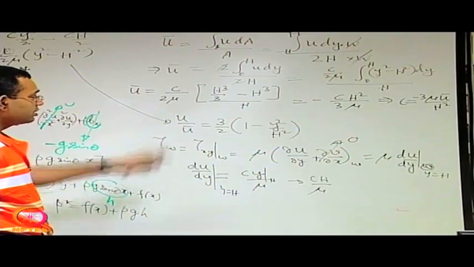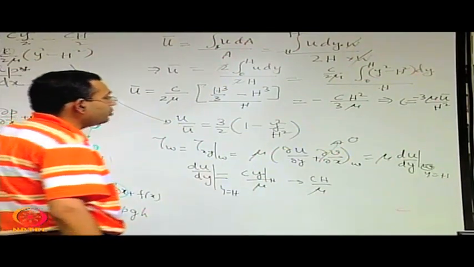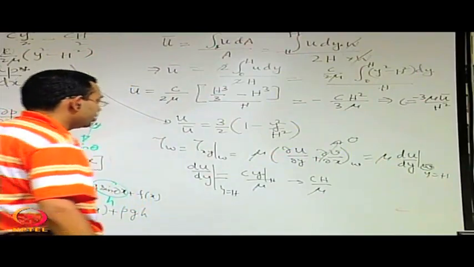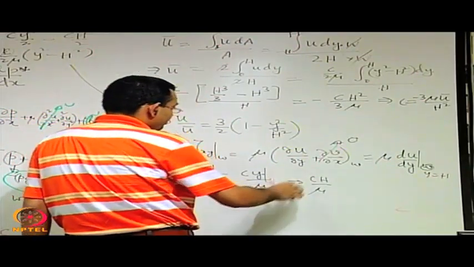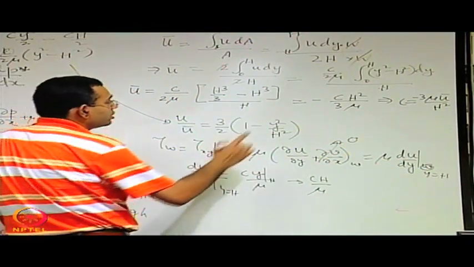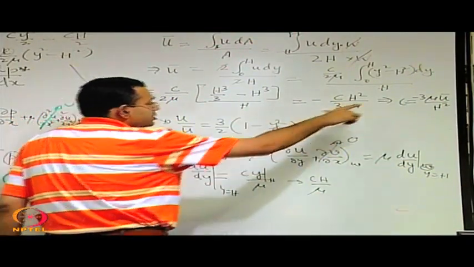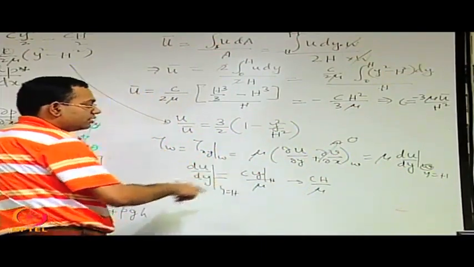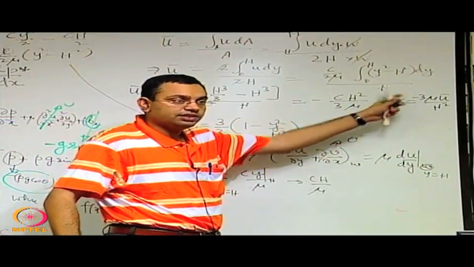and C we know is minus 3 mu u by h square. So we can write this C in terms of tau wall, or tau wall in terms of u average from this expression.